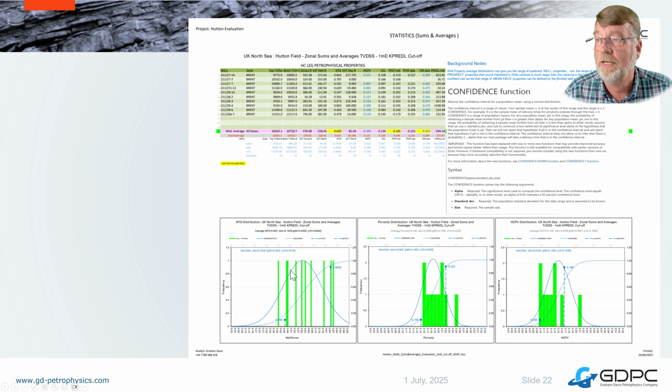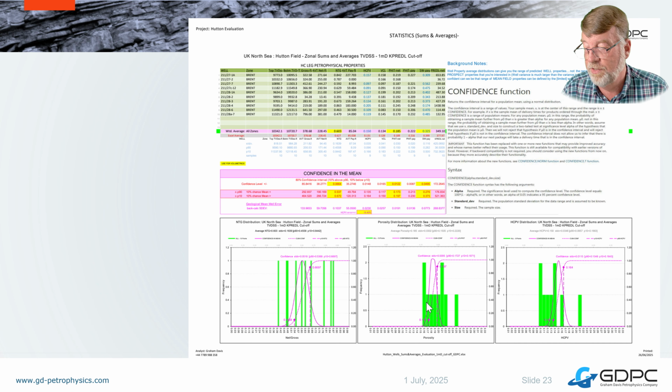Okay, the next thing is this confidence in the mean function. I put this little Excel help note in here as an aide-memoire for you, and you can read all about this function. It's basically, if this is the range of average well properties, how confident are we that this average property will be the average for the whole population? That's what the confidence in the mean is.